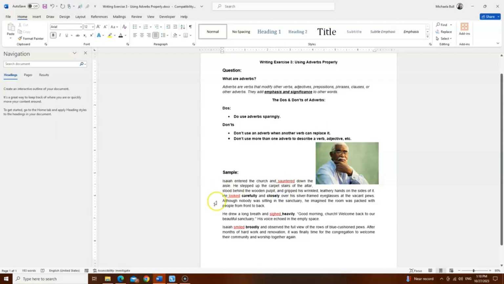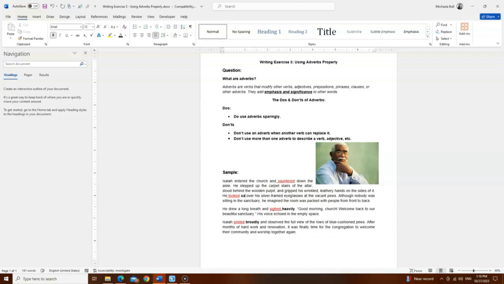Below here we have he looked carefully and closely over his silver-framed eyeglasses. Instead of having these two adverbs here, we could replace it with another single verb and put scrutinized, or we could just put examined. There.